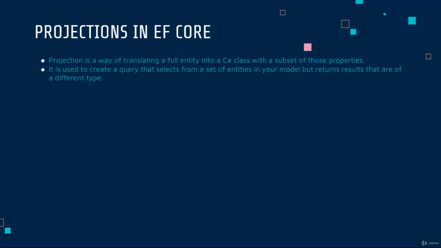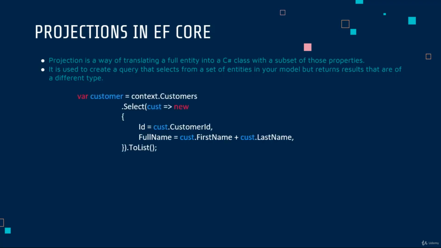So let's take a look at an example. Right here, you can see we want to retrieve customers with only ID and full name. Let's say we have 10 more properties, but we do not want to retrieve those.